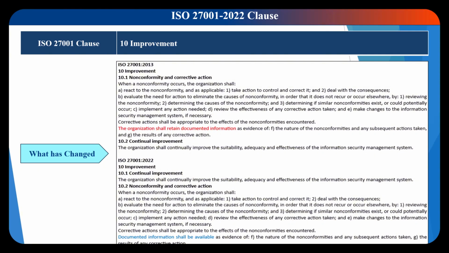In this case, there have been some verbiage changes, but also changes in what it actually requires you to do. Previously, it would say the organization shall retain documented information, but in the new version, it's requiring you to make sure that the documented information is available as evidence.